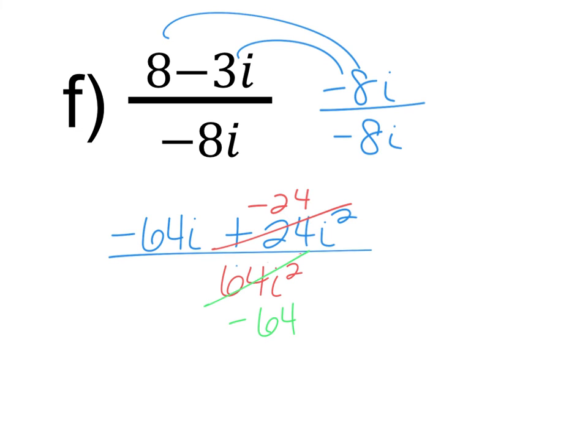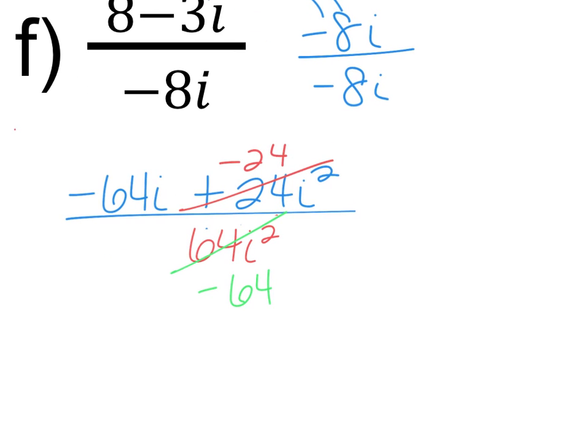Okay, so you have some options. Since all of them are negative, I'm going to reduce them all by a negative just to get rid of them because I don't want to deal with negatives if I don't have to. So I'm going to divide all three of these terms by -8 because you can. So this would become positive 8i, this would become positive 3, and this would become positive 8.